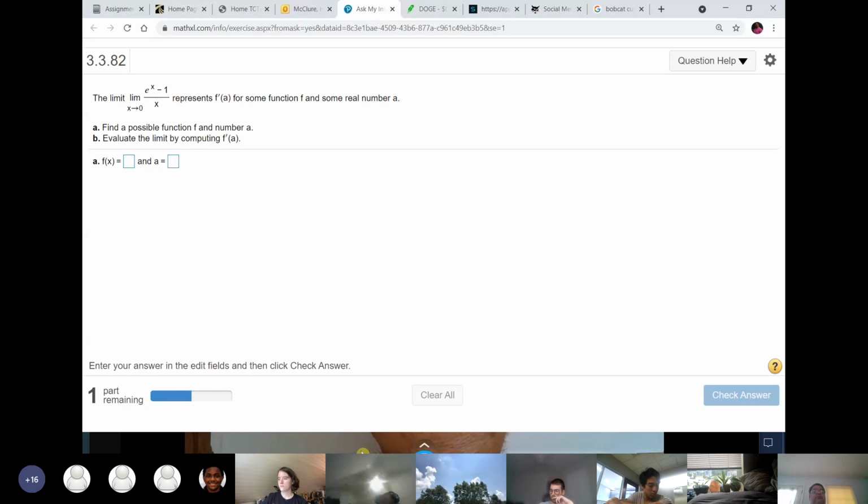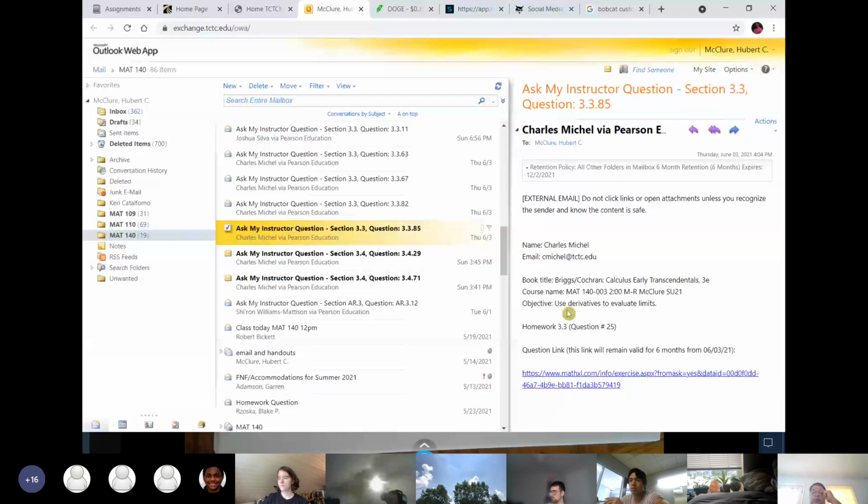Find a possible function and number a. Evaluate the limit by computing. Oh my God. So much for the good questions. Okay, I'm not going to worry about this one. Time not permitting, I'm going to move on. I'm coming back to it later. I'm not going to waste time at the end of class going over one of those.